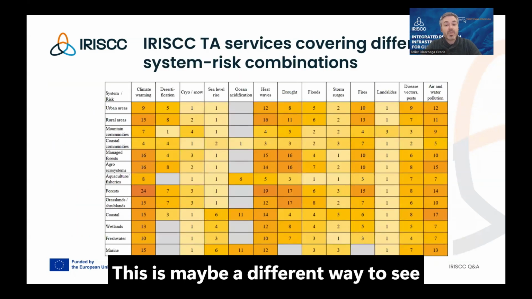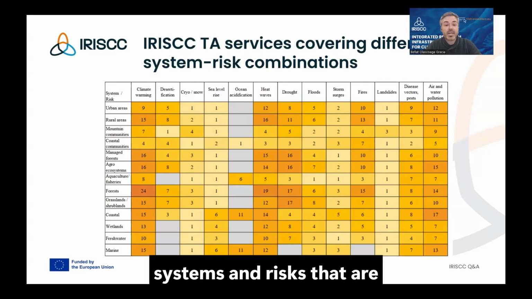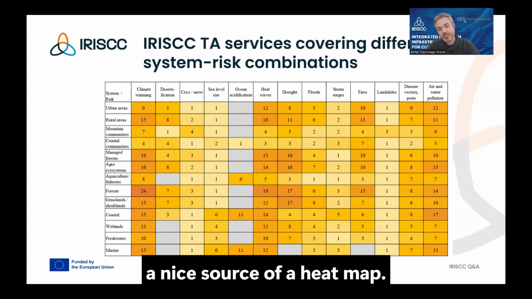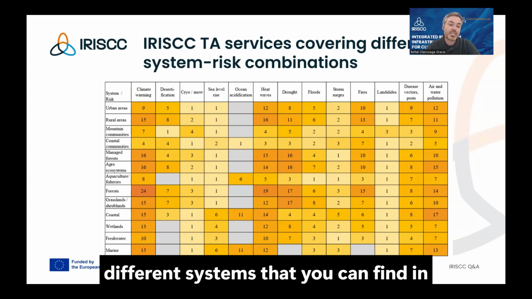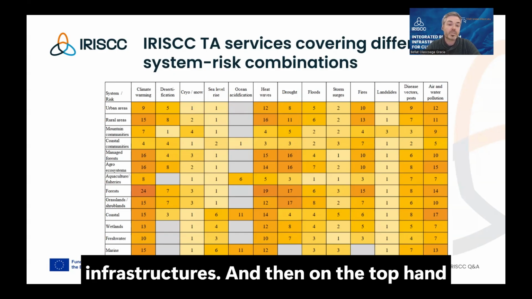This is maybe a different way to see this combination of the different systems and risks that are associated to this IRISCC consortium. It's given in a nice sort of heat map. You can see at the left-hand side the different systems that you can find in the consortium in association to the services given by these research infrastructures.